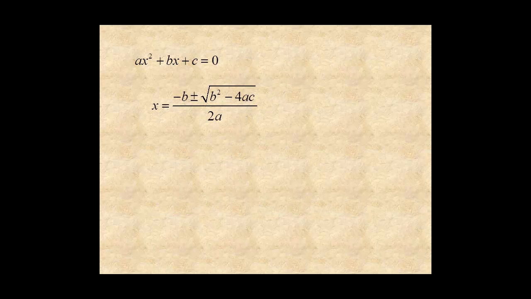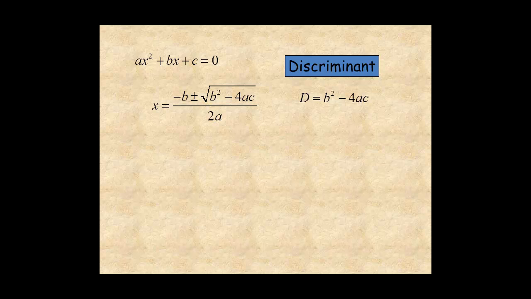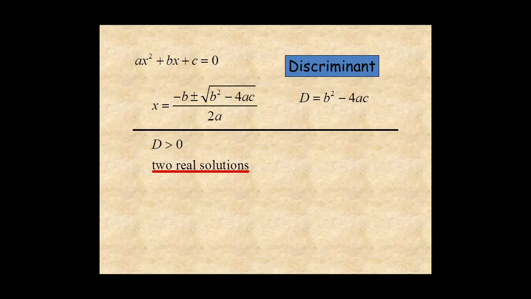For the quadratic formula, the expression under the radical sign, the radicand, is called the discriminant. From the examples in this lesson, you can see when the discriminant is greater than 0 or positive, the equation has two real solutions. When the discriminant is less than 0 or negative, there are no real solutions.